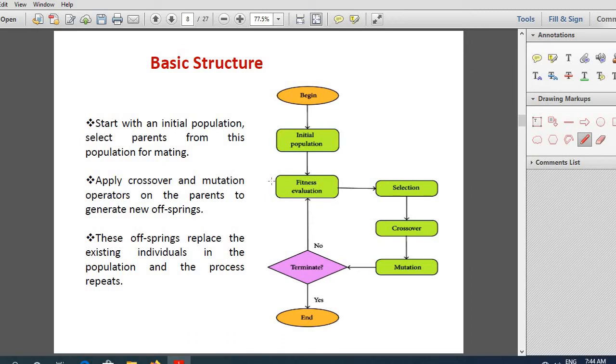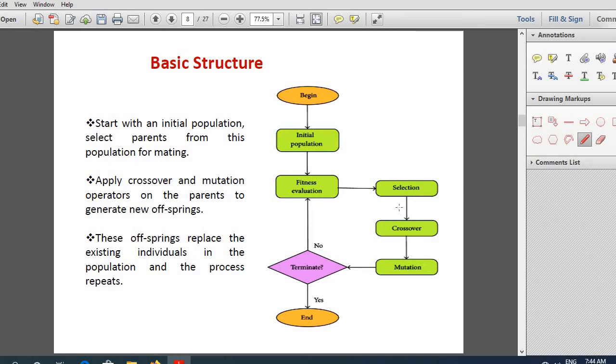For the next generation also you need 50 individuals. You take the initial population of 50 individuals. Then you evaluate the fitness. Then you choose 2. That is called selection. You choose 2 based on the best fitness value.